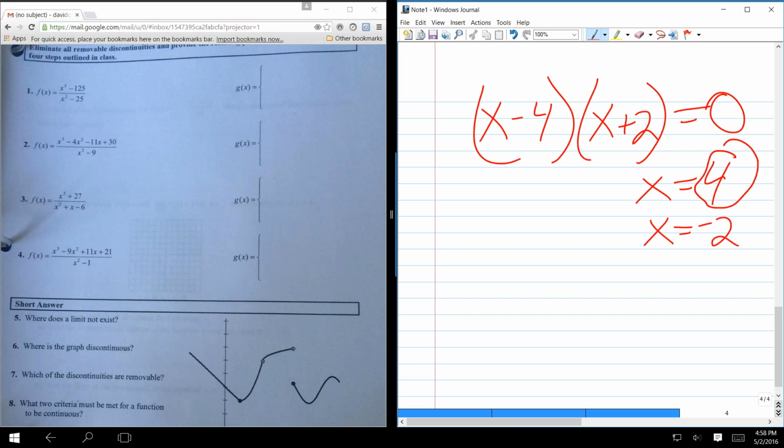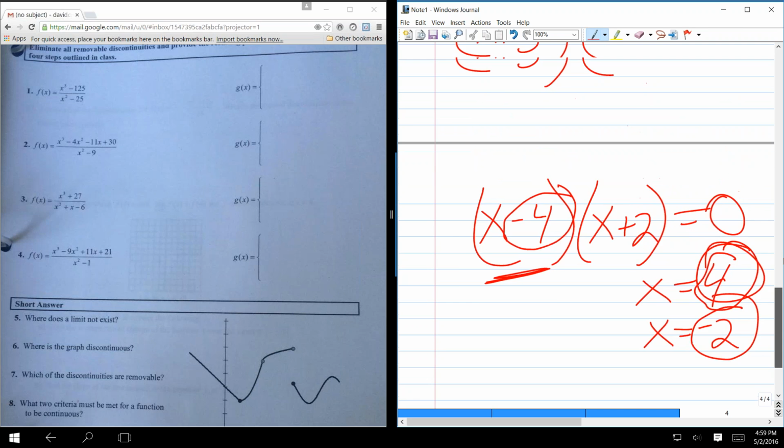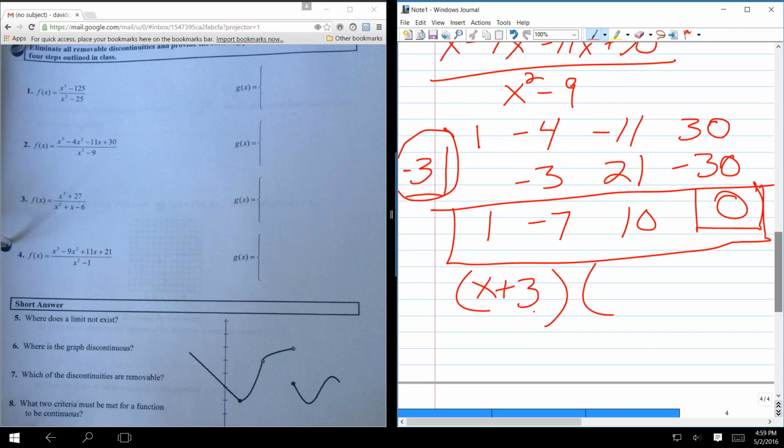This is the number I stick in the box when I'm doing synthetic division. I don't stick that in the box. That is the linear factor, that is the 0. So I know that x plus 3 is the linear factor.